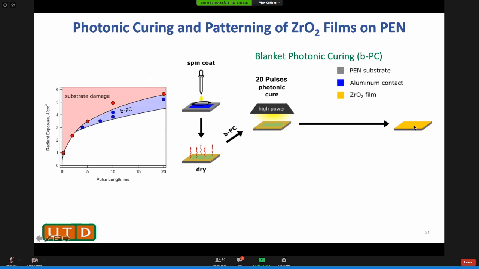This is the bottom aluminum contact. So one thing you notice is there are no cracks, and this is because the substrate did not get heated up. This frequency is flat, okay, and then the dissipation is really low.